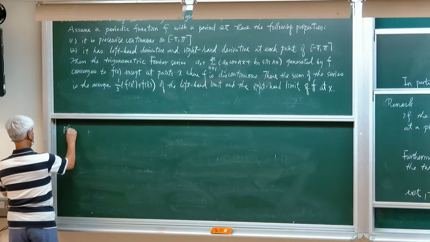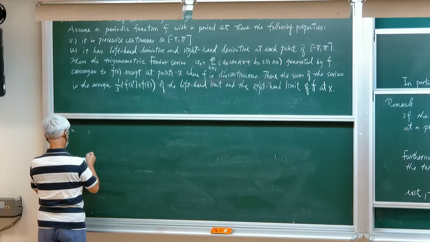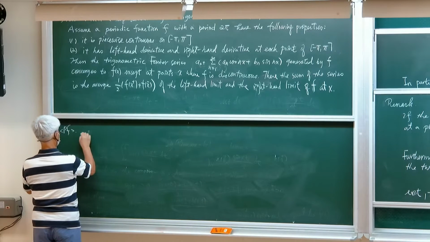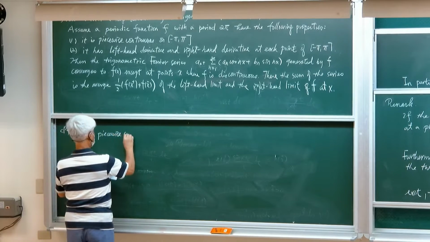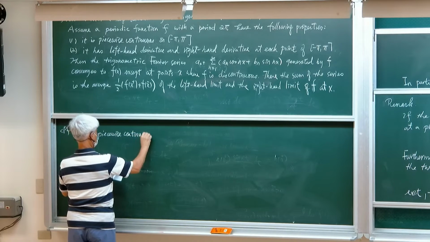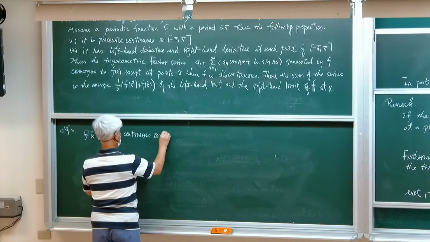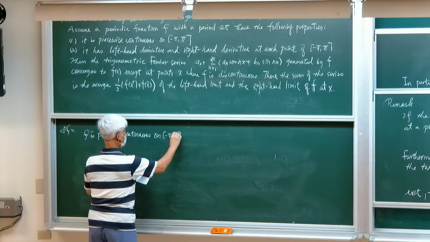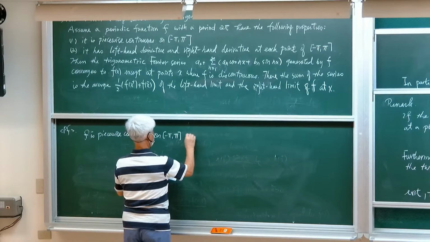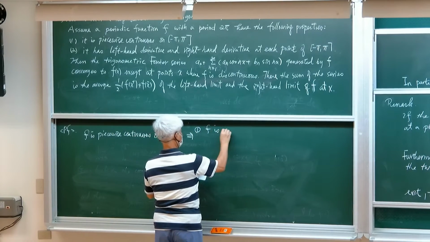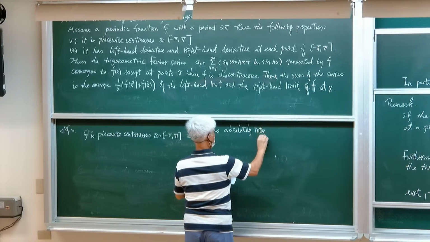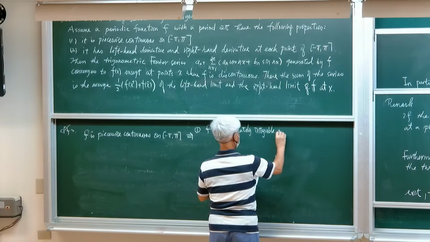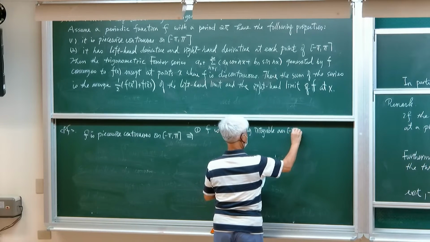So proof. f is piecewise continuous on one period from minus pi to pi, which implies, first of all, f is absolutely integrable over minus pi to pi.